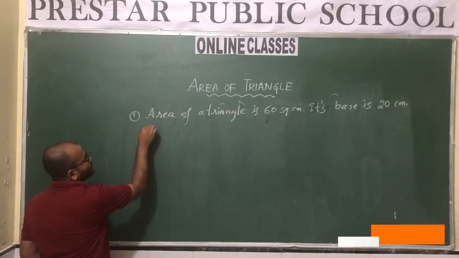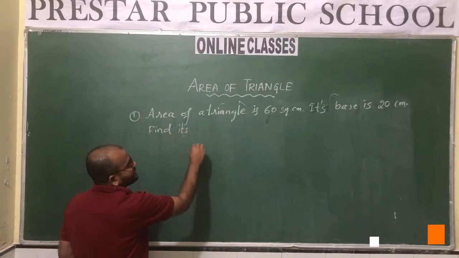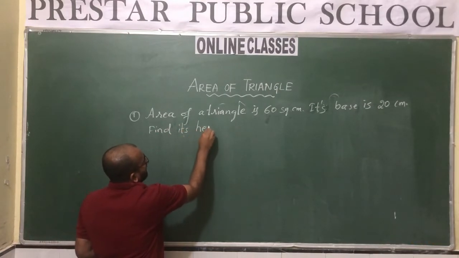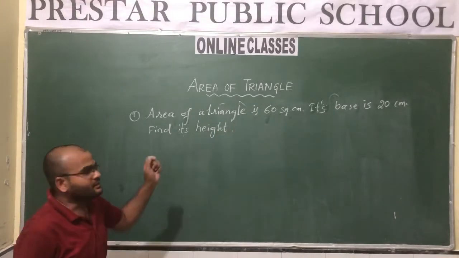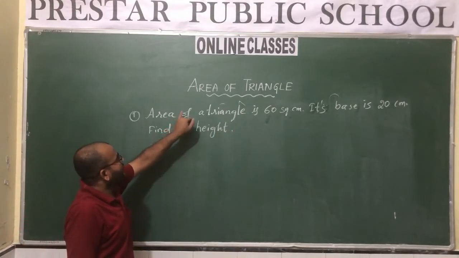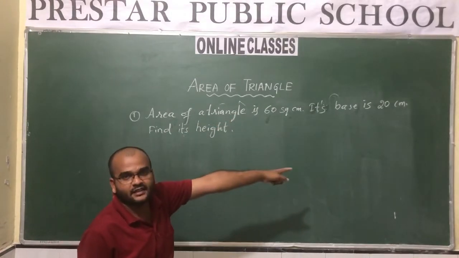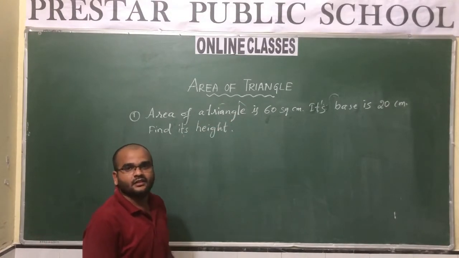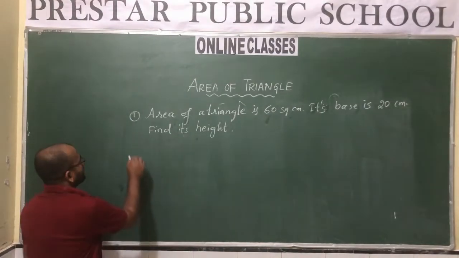Now we have to find its height. Okay, in this problem, area of the triangle is 60 square centimeters and its base is 20 centimeters. Now what do we have to find? Its height. Let us solve this.